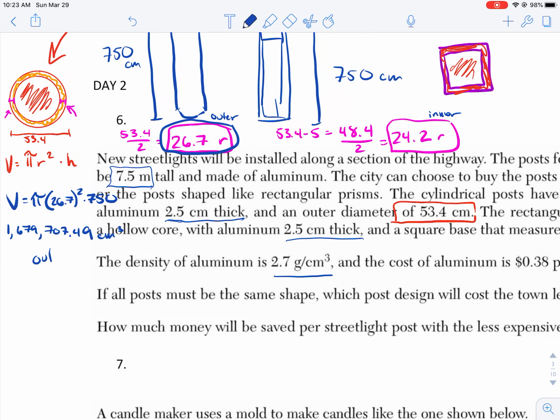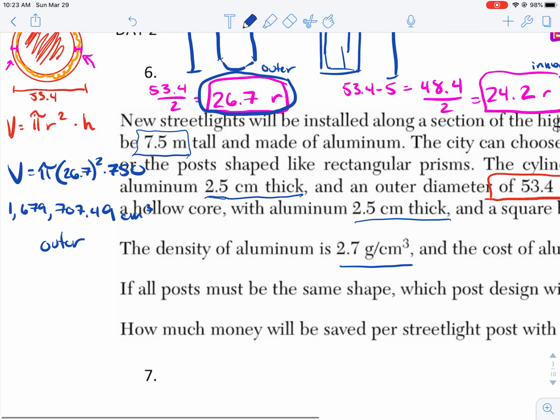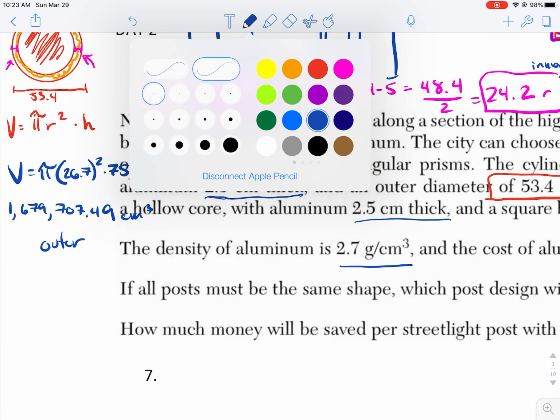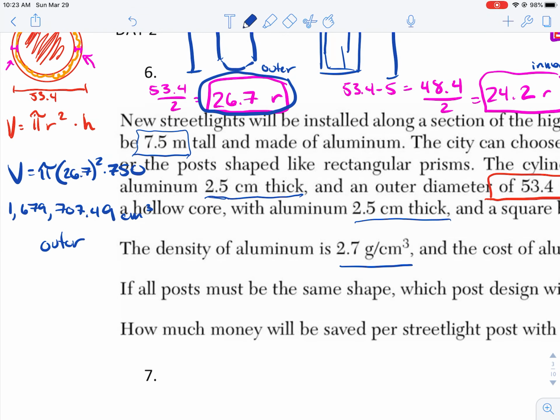So centimeters cubed. Okay? So that's for our outer cylinder. Okay? For our inner cylinder, right, the volume is pi times 26, well not 26, 24.2 squared times 750.